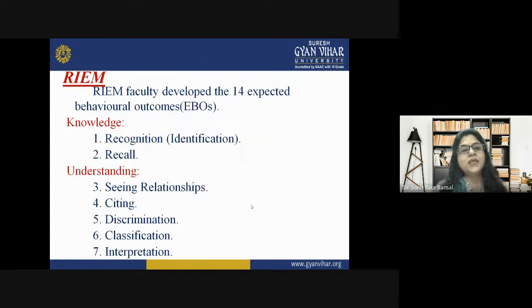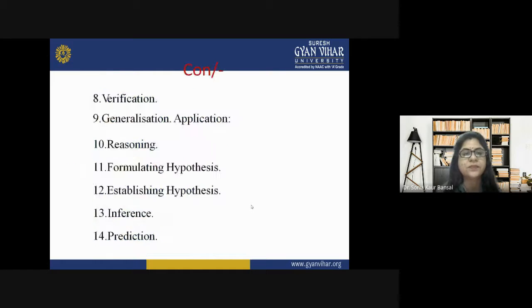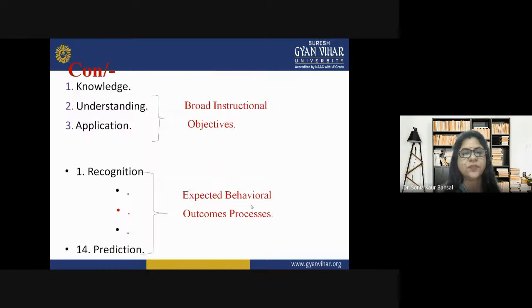Now, RIEM faculty developed 14 expected behavioral outcomes: knowledge, recognition, recall, understanding, seeing relationship and citing, discrimination, classification, interpretation, then verification, generalization, application, reasoning, formulating hypothesis, establishing hypothesis, inferences, and predictions were also associated with them.